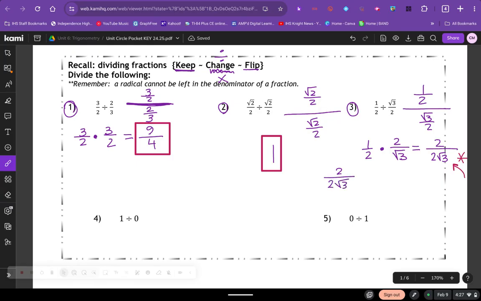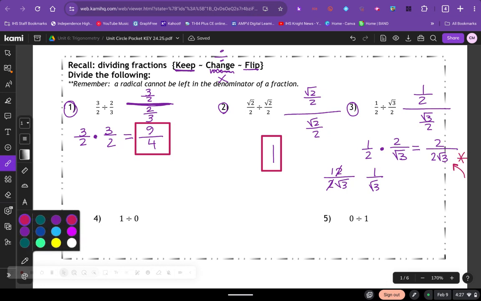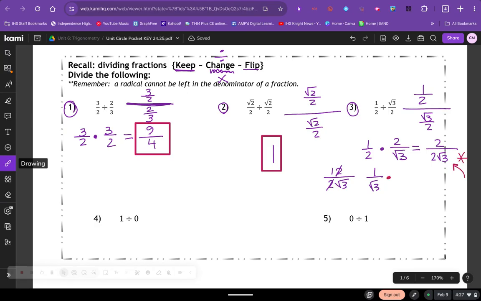The first thing I would do is recognize that those 2's will cancel each other out, and I'm just left with 1 over the square root of 3. Now I still need to do the rationalizing. It's called rationalizing the denominator. Whatever is in the denominator, I want to multiply the top and the bottom both by that radical.